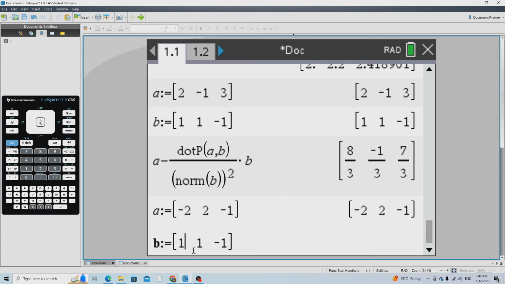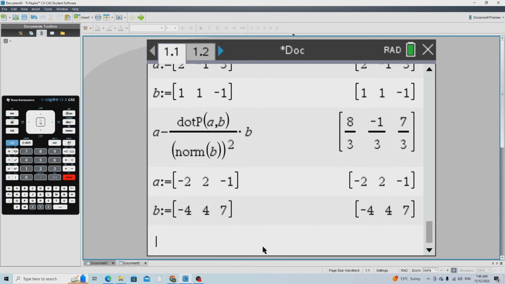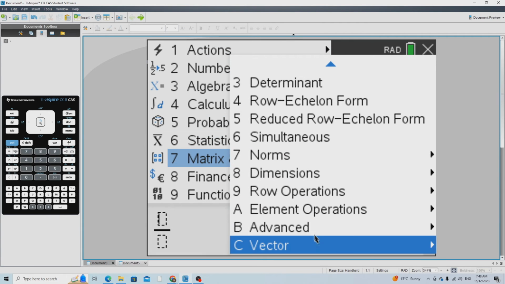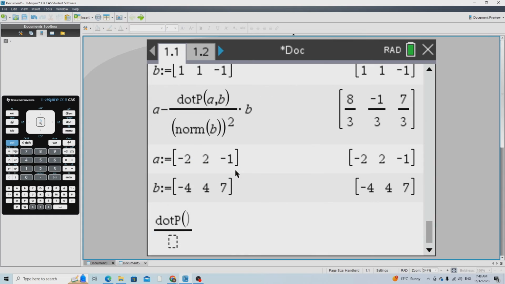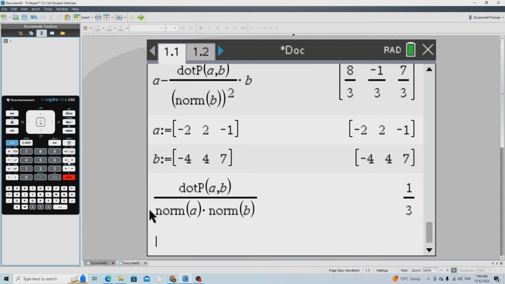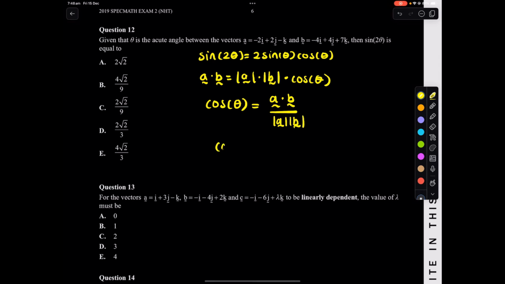The vector B is (-4, 4, 7). So it's dividing. Okay, we need to go to the dot product of A and B, over the norm, the magnitude of A times the magnitude of B, and it's 1 over 3. So let's write that down. Cosine theta is 1 over 3.